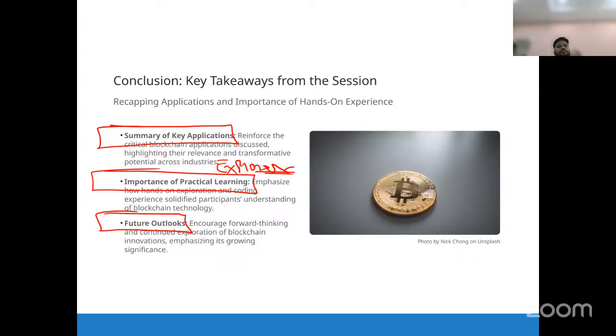You have to come up with a lot of innovative ideas and bring in new concepts so that the technology keeps evolving and growing, even though challenges may come up. So basically, this emphasizes the real-world importance of blockchain, and the value of learning through practicing, through listening and understanding.